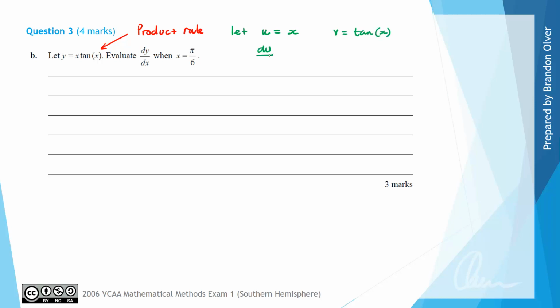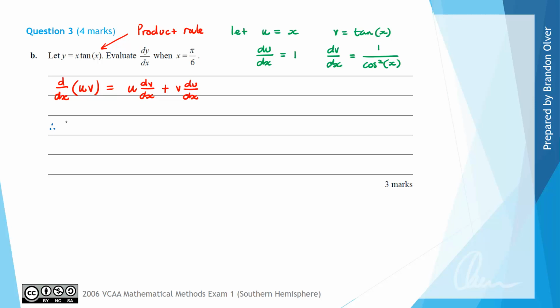Therefore du dx, the derivative of u with respect to x, is simply 1, and dv dx is equal to 1 divided by cos squared of x. So also on the formula sheet is the product rule, which says that the derivative d dx of two functions u multiplied by v is equal to u times dv dx plus v times du dx.